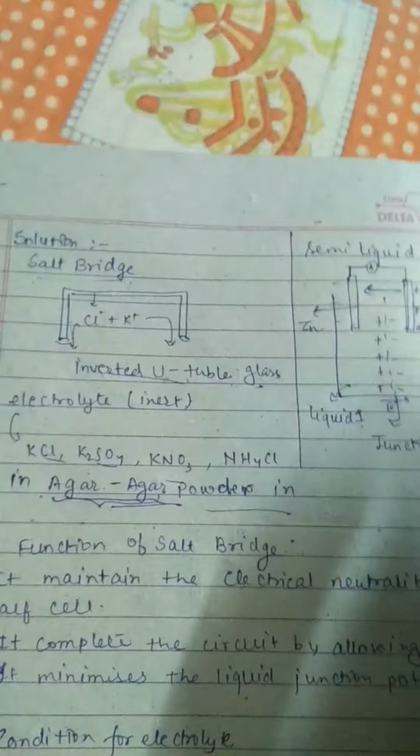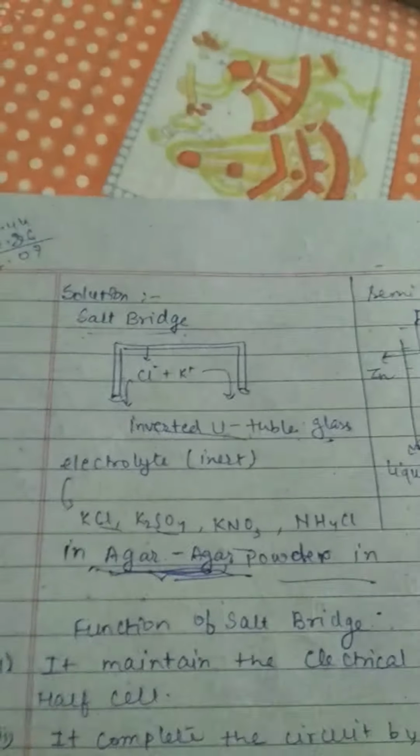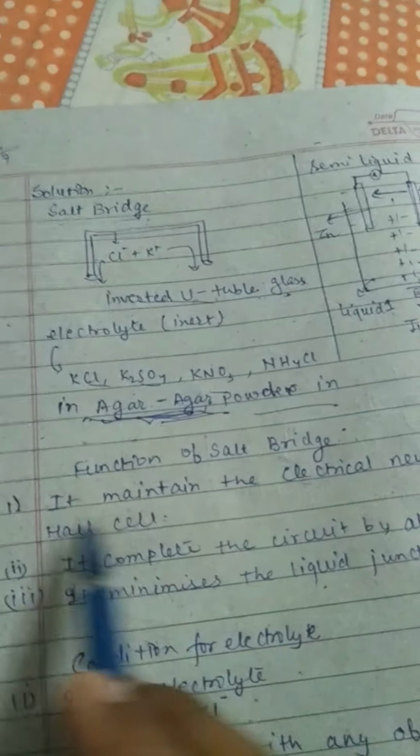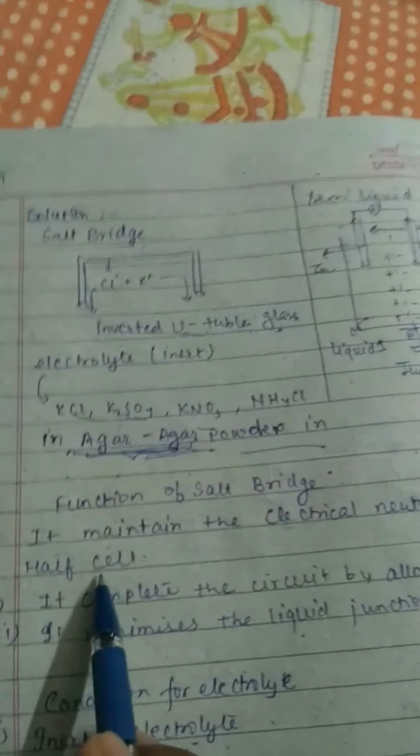Now, what is the function of the salt bridge? It maintains the electrical neutrality of the half cells.